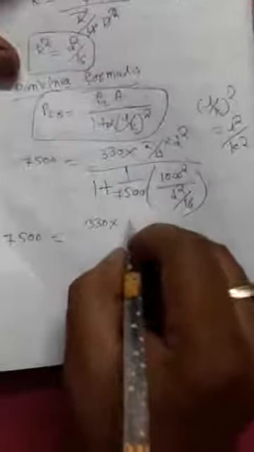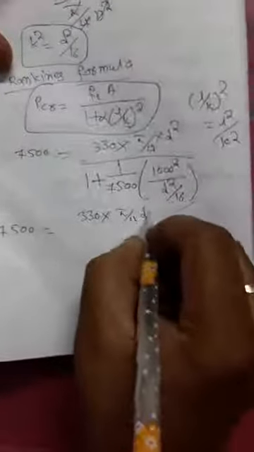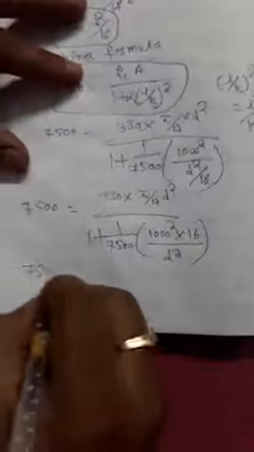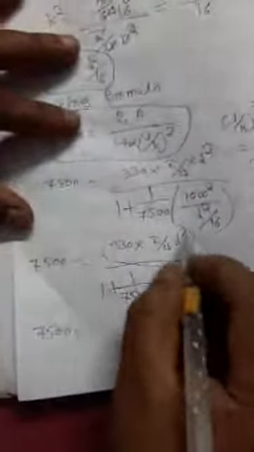And here 7500 and 330 pi by 4 d square by 1 plus 1 by 7500, and here 1000 square. This is denominator value going to the numerator, and this is the d square, and the 7500, and this total value.